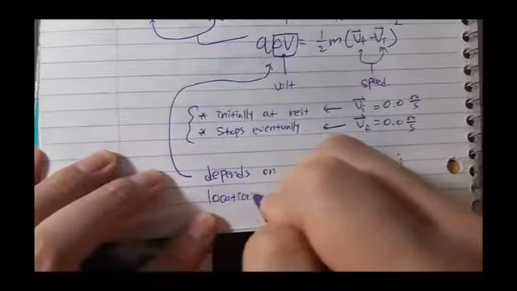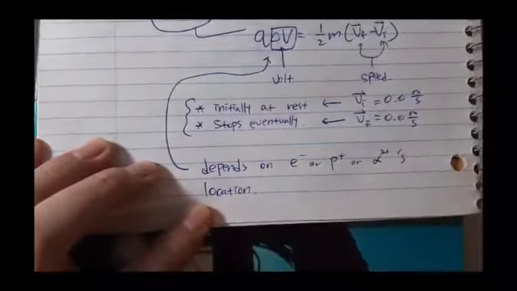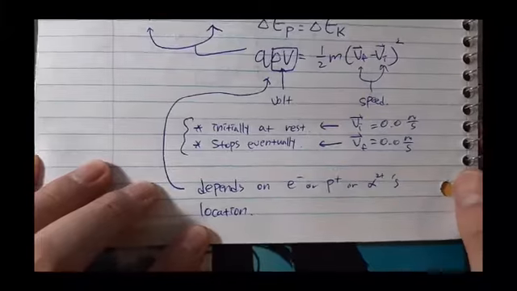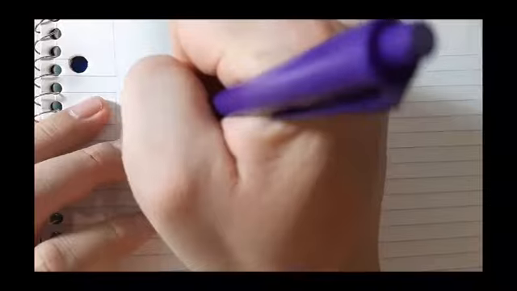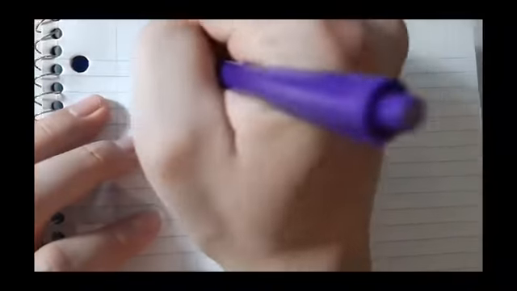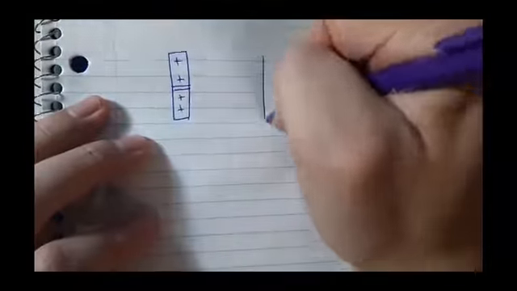I want to point that out. It depends on the electron, proton, and alpha particle's location. What I mean by that is basically this. Let's say I have a positive electrode over here and a negative electrode like that.